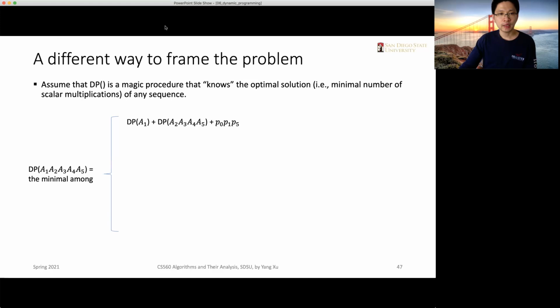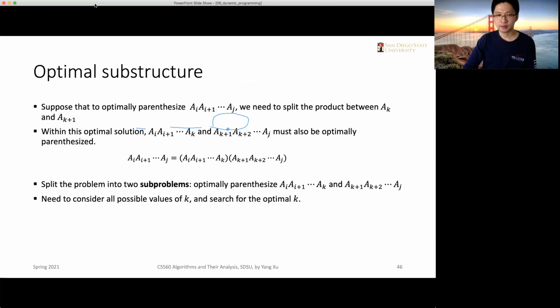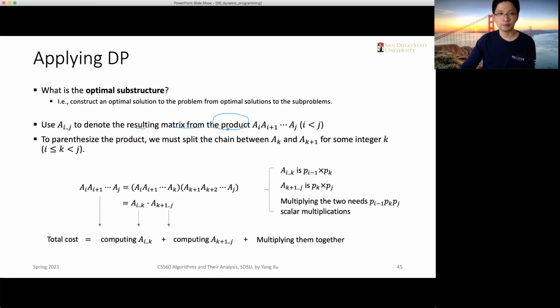We can split the original problem into A1 and A2 to A5, plus the additional cost. Remember the formula we got two slides ago? We need to consider P(i-1) times Pk times Pj as the additional cost.